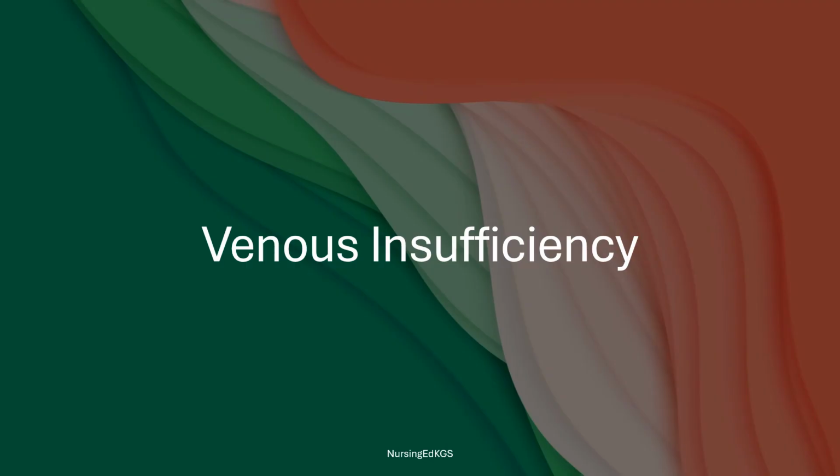Now that we've covered arterial insufficiency, let's shift our focus to venous insufficiency, another yet distinct vascular condition. Unlike arterial insufficiency, where blood flow to the extremities is reduced, venous insufficiency occurs when the veins in the legs have trouble sending blood back to the heart.